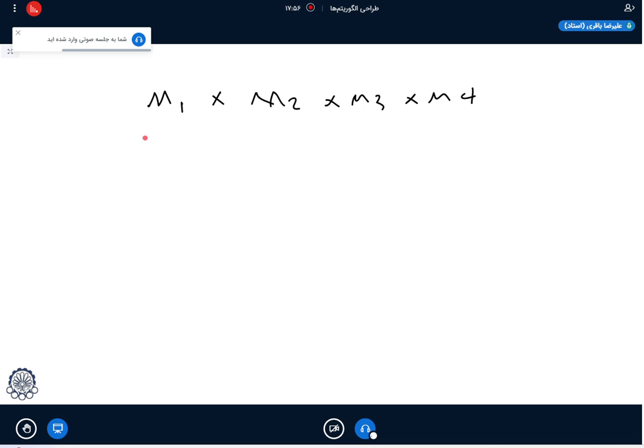For example, suppose matrix M1 has 5 rows and 100 columns. Matrix M2 has 100 rows and 10 columns. M3 has 10 rows and 50 columns, and matrix M4 has 50 rows and 25 columns.